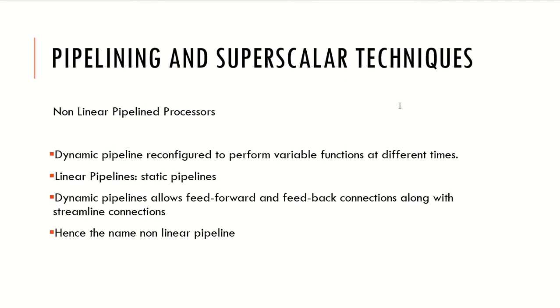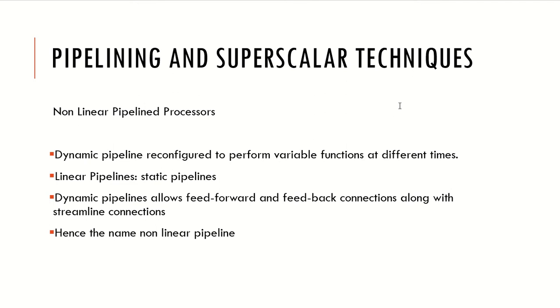Since this is the property of a nonlinear pipeline, it is said to be a dynamic pipeline, which means you can reconfigure it to perform various functions at different times. Whereas a linear pipeline is said to be a static pipeline. In the case of a dynamic pipeline, unlike the linear pipeline, you can have both feedback and feed forward mechanisms. A linear pipeline has a straight feed mechanism, which means, as I said before, the output of the previous stage becomes the input of the next stage, and that has to be the same across all the stages of the pipeline.